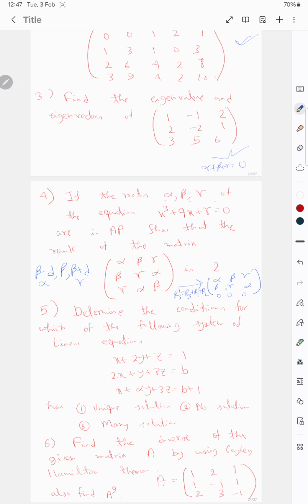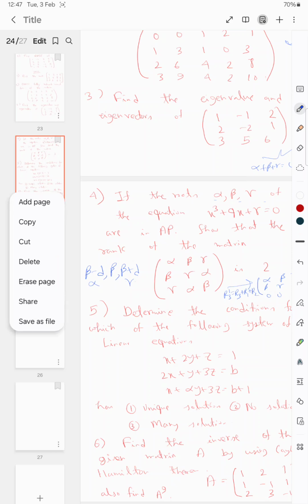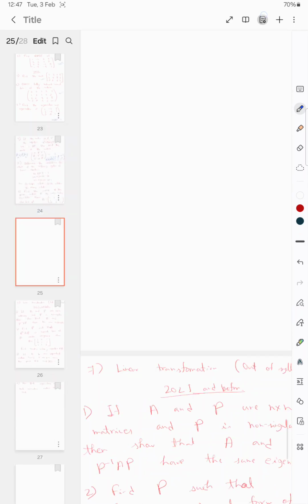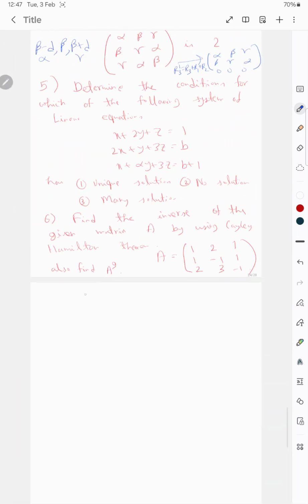So from there you just find alpha gamma minus beta square, that is this minor. If this minor is non-zero, then this rank is 2, right? Already we have seen it has a row of 0, so its rank will be 2 or lesser.